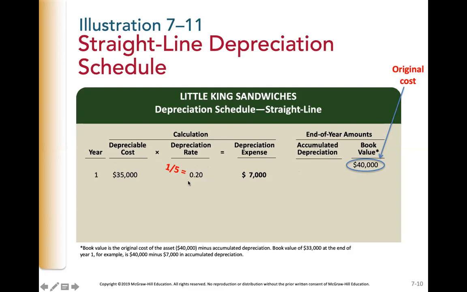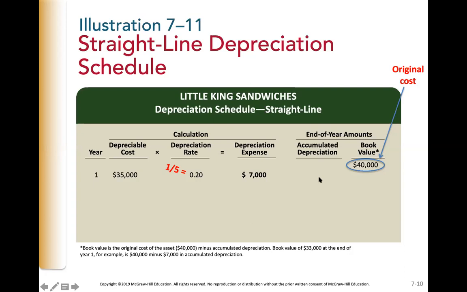Well, how did we get 20%? We said the asset has a useful life of 5 years. So we're going to take 1/5 each year. So 1/5 is equal to 20%. So our depreciation rate is 20%. So 20% of our depreciable costs gives us $7,000 for depreciation expense.